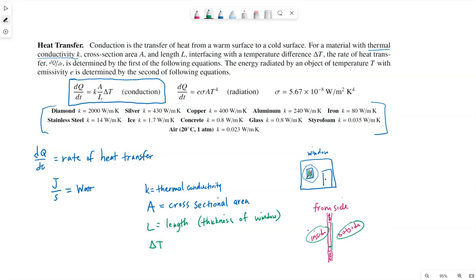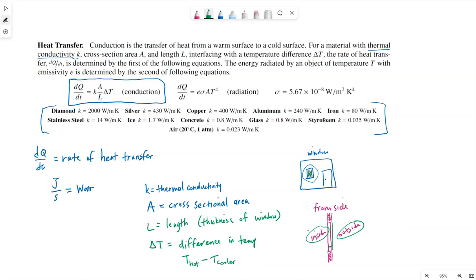Delta T is not a final minus initial because we're not talking about two moments in time per se. It's a difference in temperature between the two locations where the energy is traveling from and to. Typically, we take the hotter temperature, whichever location is hotter, and subtract the cooler temperature, just so that we get a positive value.